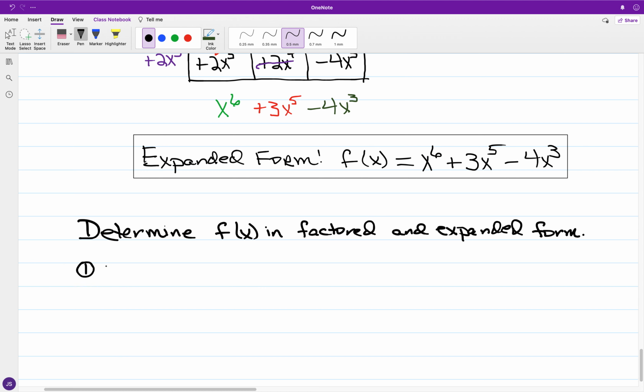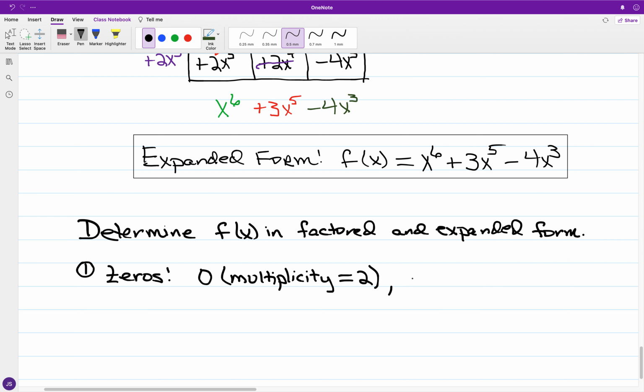Let's say for the first one, we'll say we have our zeros. We'll just say that we have 0, with a multiplicity equal to 2.